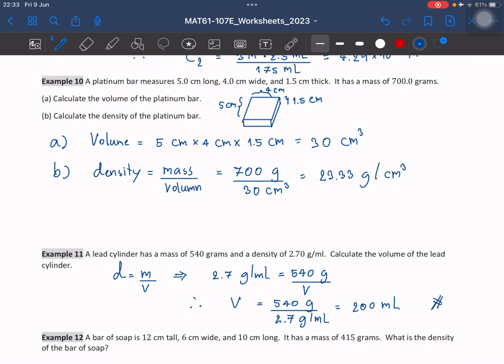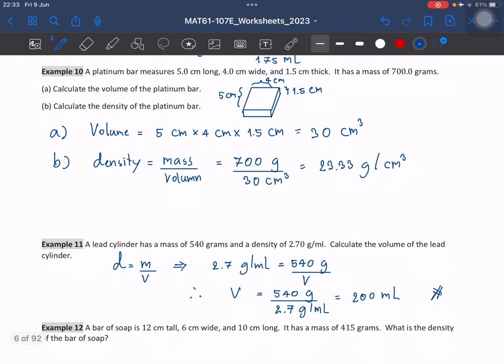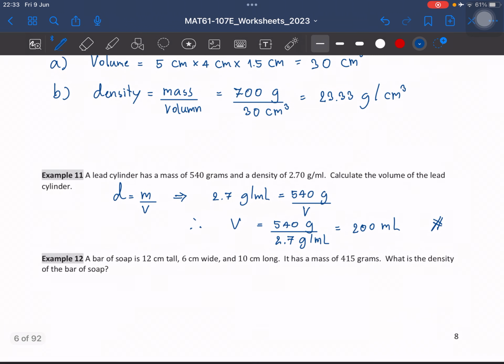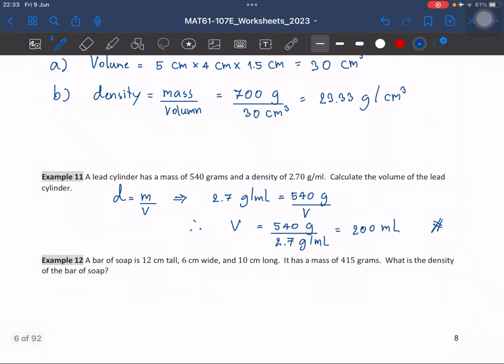Okay, and the last example: you have a bar of soap, 12 centimeter tall, something like this.